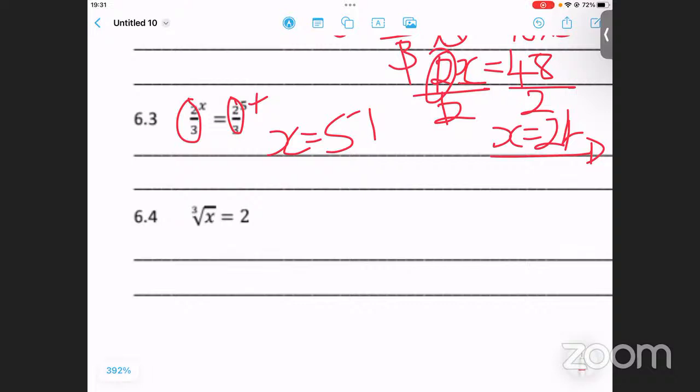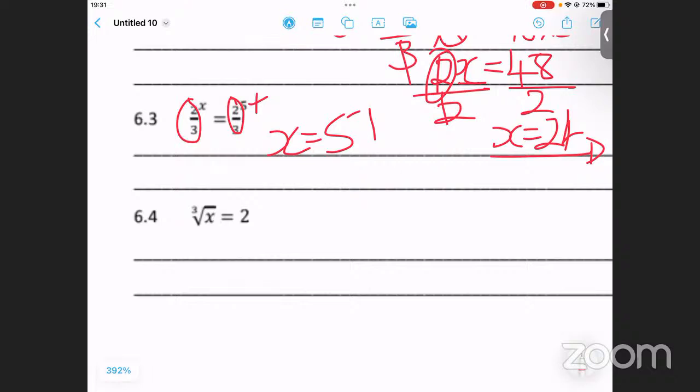Okay, perfect. So yes, your answer should be 8, but how did we get to 8? Ma'am, I used the inverse of a cube root. Wait, what did you say?